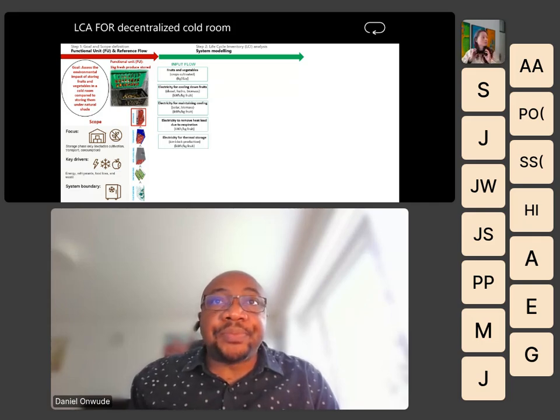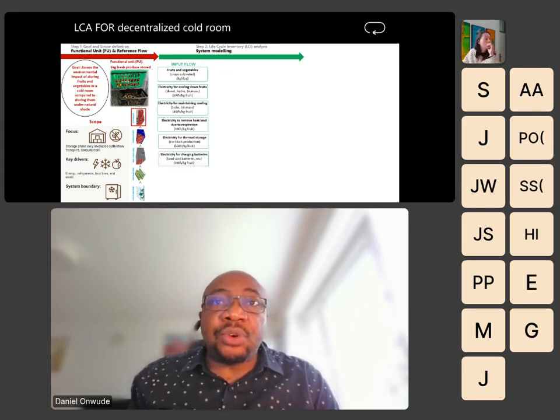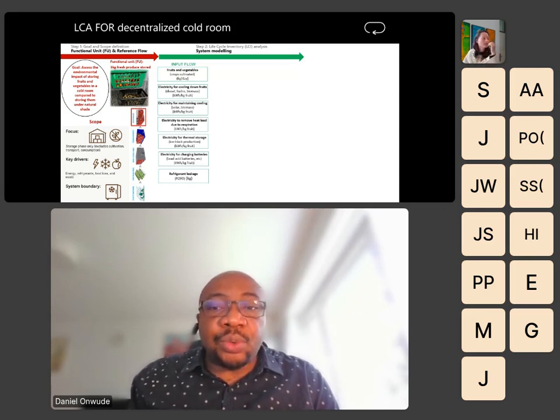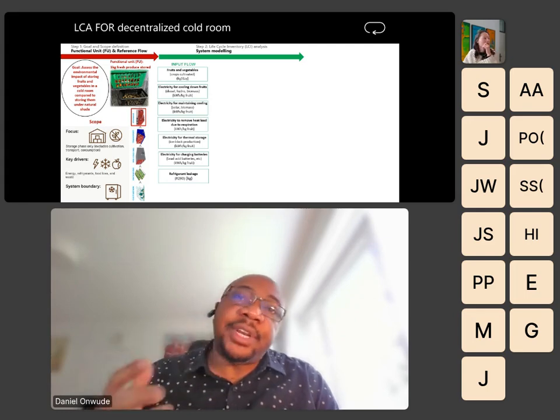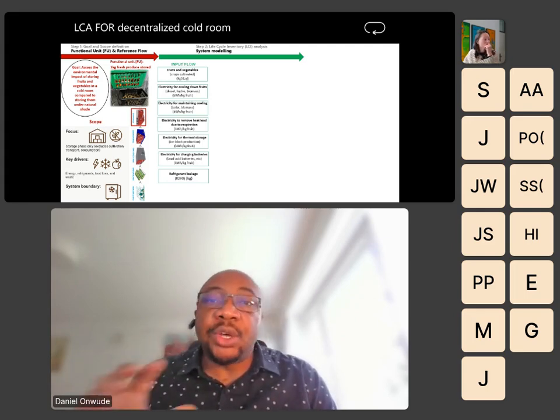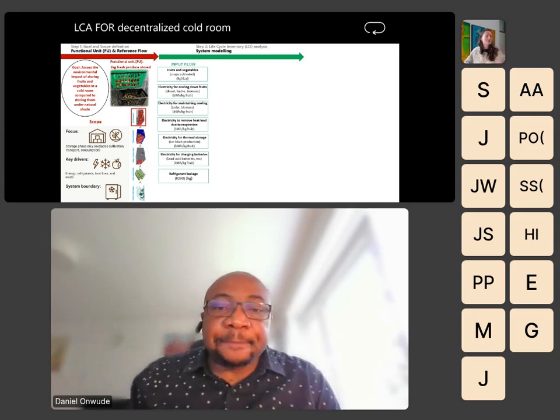We also had electricity for thermal storage, electricity for charging batteries, and then we also have the refrigerant leakage. All these contribute heavily to the environmental impact of using a cold room, right?